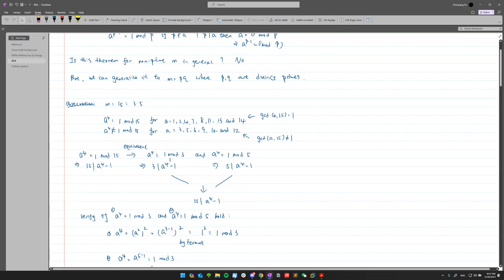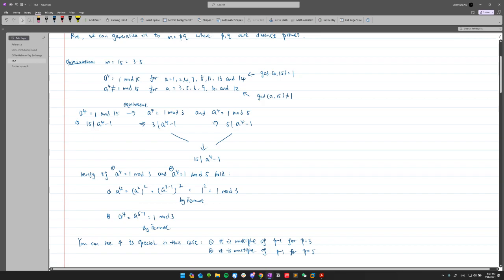You can translate the mod 3 case into 3 divides a to the fourth minus 1, and this is 5 divides a to the fourth minus 1. If we can prove that they are true, then combining these two pieces of information, we can say 15 divides a to the fourth minus 1, which is equivalent to saying this equation is true, right?